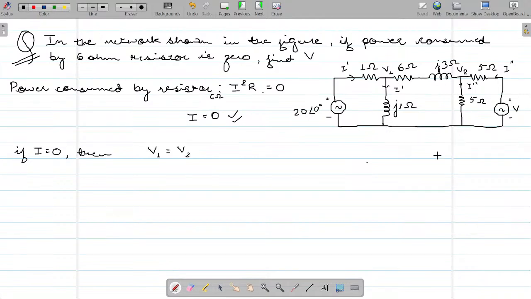So tell me, if the entire current flows in this direction, by the voltage division principle, can I calculate the potential V1 here? What will be V1? Let us ground this point. The potential across this inductor j1 ohm is whatever potential builds up across this j1 ohm.